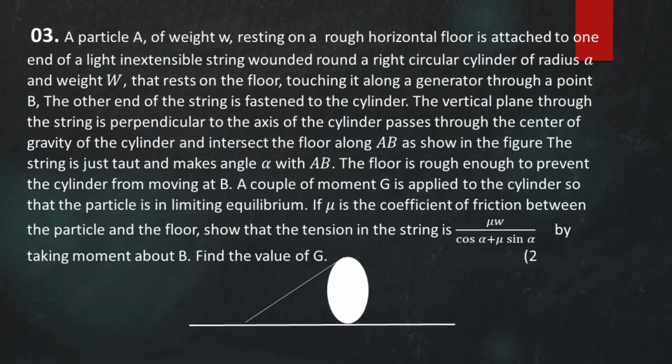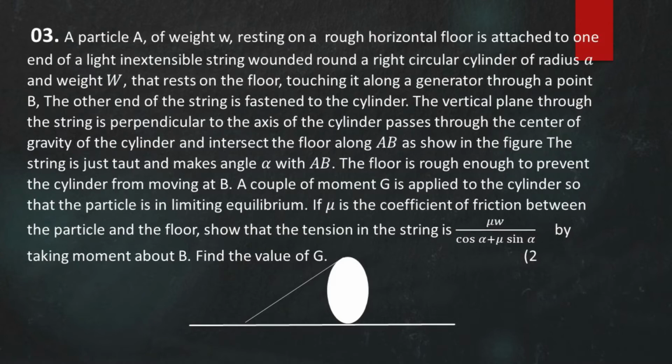The vertical plane through the string is perpendicular to the axis, passes through the center of gravity of the cylinder and intersects the floor along AB as shown in the figure. The string is just taut and makes angle alpha with AB.